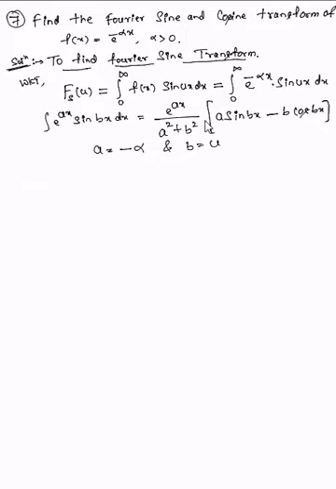So we get Fs of u equals e power ax, that means e power minus alpha x, by a square, that means minus alpha whole square plus b square, that means u square, into (a means minus alpha sine bx, that means ux, minus b, b means u cos ux).